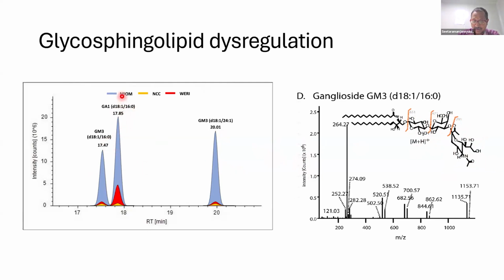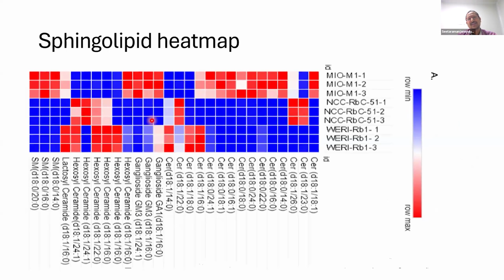Blue is the control cell line, and red and yellow are cancer cell lines, and in both of the cancer cell lines, the glycosphingolipids are downregulated. This is the heat map.